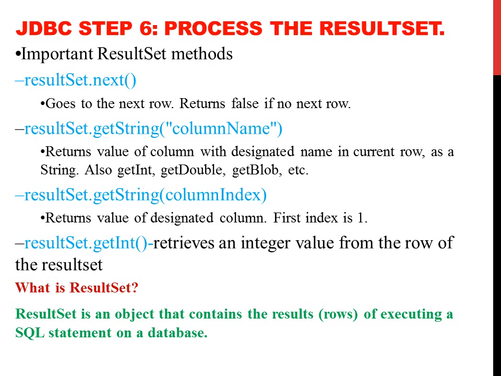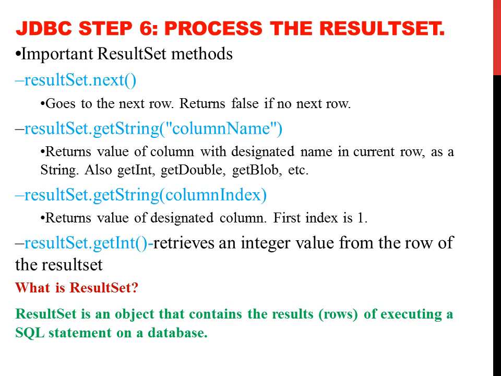Next step is to process the result set. I told you the result will be available in the result set object. If you want to iterate through that, we can use resultSet.next. It goes to the next row. If there is no row, it will return false. And if you want to fetch a string column, you can use resultSet.getString. If you want to get an integer value, getInt.